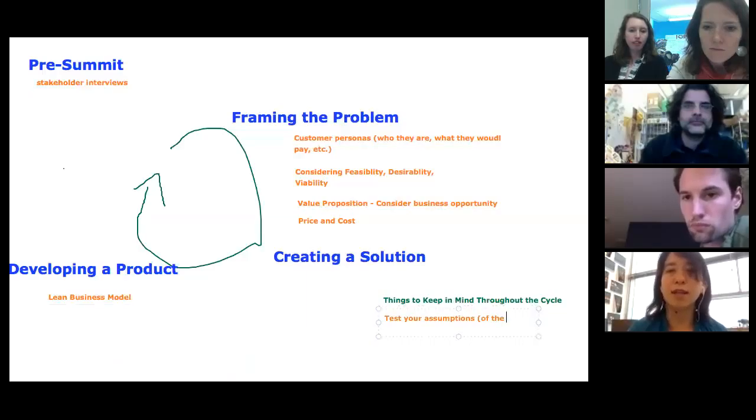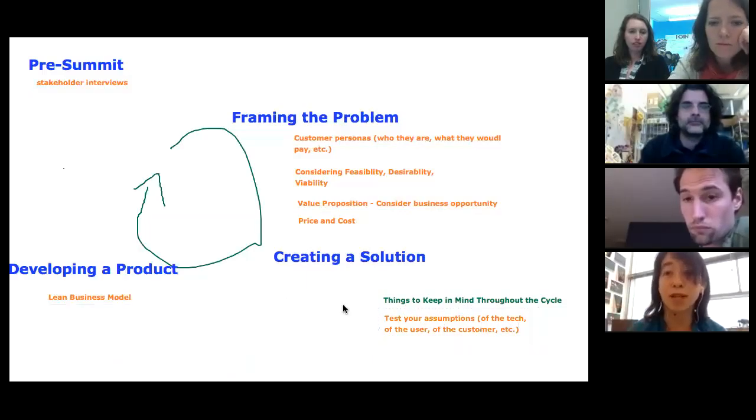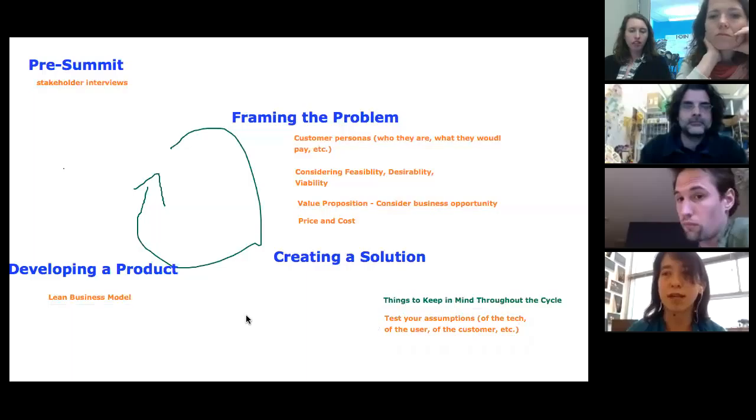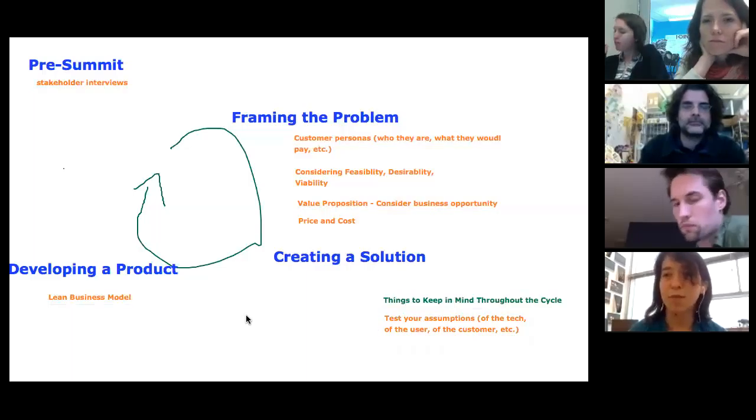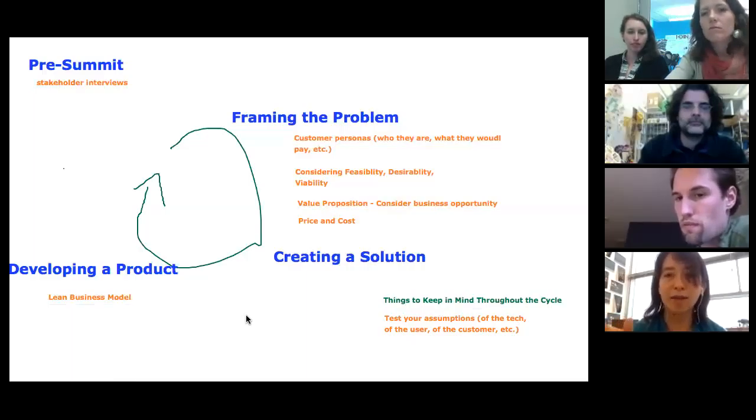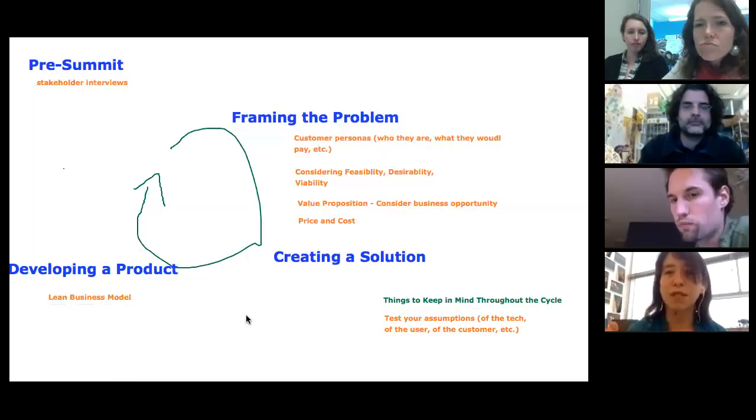But thinking about these minimum viable products, these simplest versions or representations of the solution that you're proposing, what's the cheapest and most direct way? And when I say cheap, I mean both money and your time. The shortest path to being able to answer that question, confirm or deny that assumption. And that's something that is critical to keep doing at every stage of the evolution of the idea.